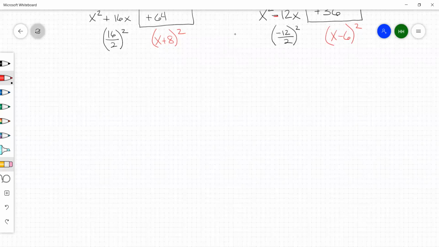All right, so here's what we're going to do now. We're going to use this technique. We are going to solve by completing the square.